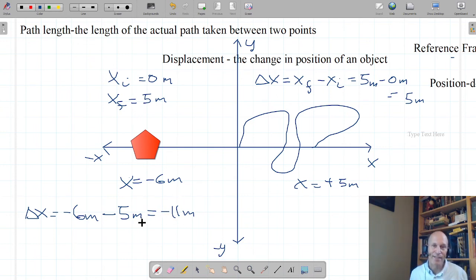Path length doesn't have a sign. You wouldn't call it negative. That doesn't make sense to have a negative path. But that amount, the magnitude, 11 meters, the magnitude is 11. That is a fancy physics word that means the size of something. And then the sign is direction, which is left.